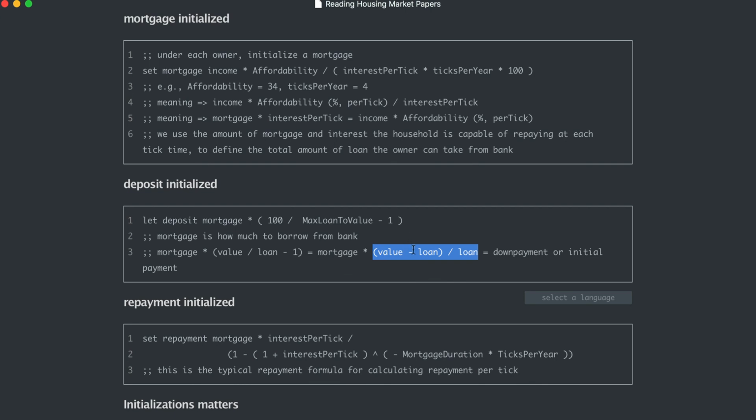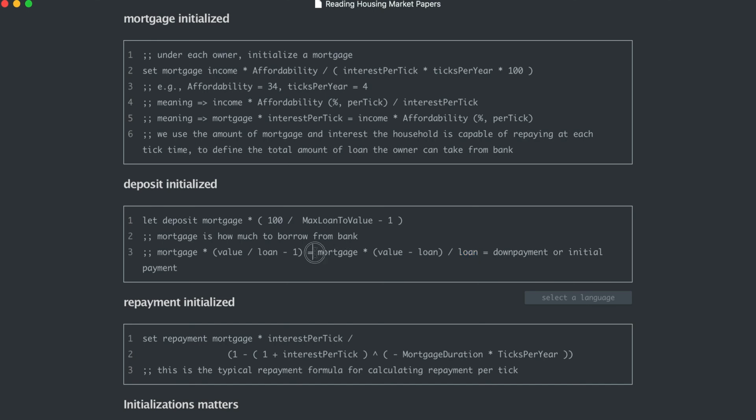At this moment, we do not actually know. We only know this thing as a whole. But what we do know is this part is the amount we actually need to pay, which is the down payment. And the loan right here is actually the mortgage.